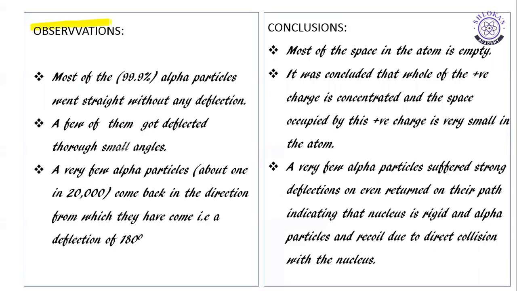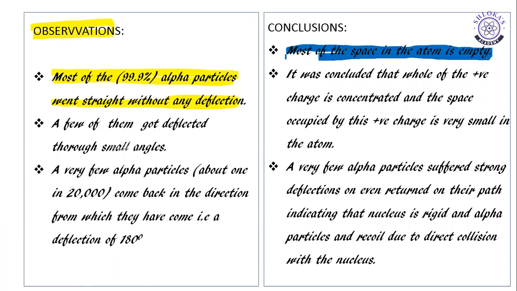Now, observations. First observation: most of the alpha particles, almost 99.9% of alpha particles, went straight without any deflection. From this, he concluded that most of the space in the atom is empty. The second observation: a few of them got deflected through very small angles.